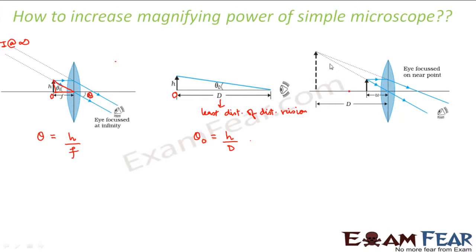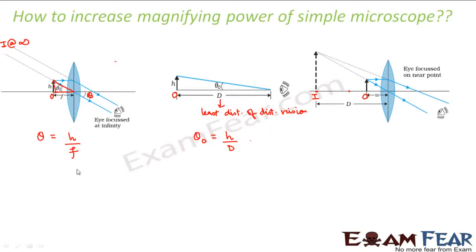In that case, an image is formed quite nearer, in such a way that the image is formed at a distance equal to capital D, the least distance of distinct vision. So this is my image and this is my object. The image is at the least distance of distinct vision, so in this case the eye is definitely strained, but at least it can view the image clearly and properly.